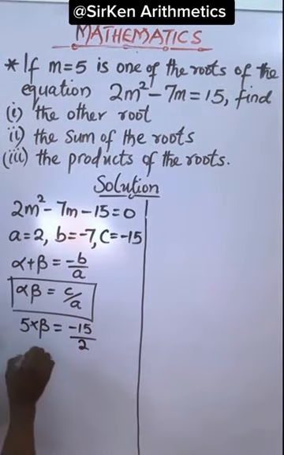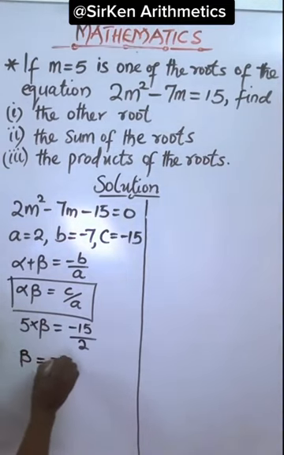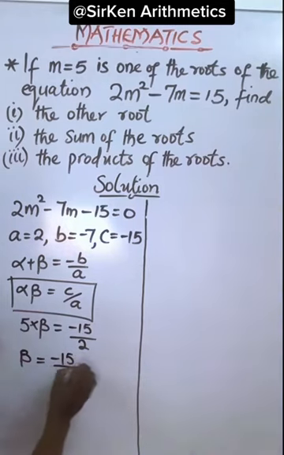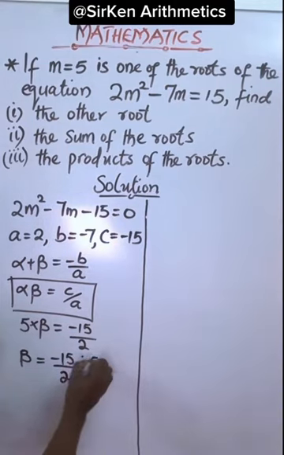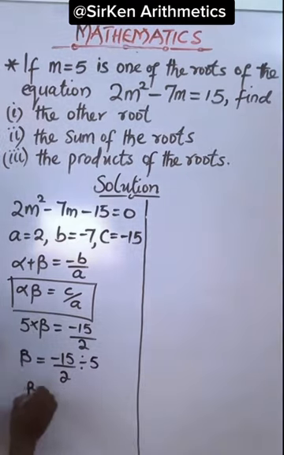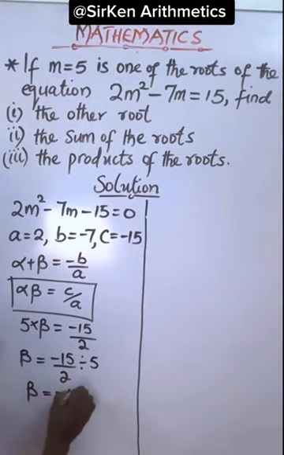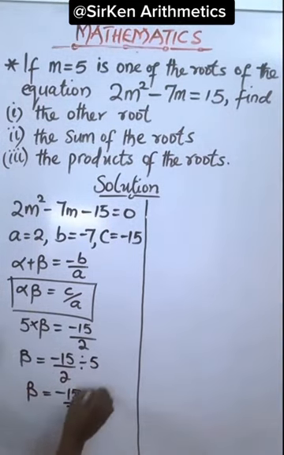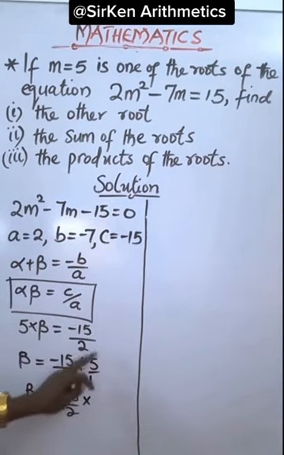So now to get beta, we are going to divide both sides by 5. And I'm sure beta will give me minus 15 over 2, this is like over 1. You know, when you are changing it to times, you flip it.